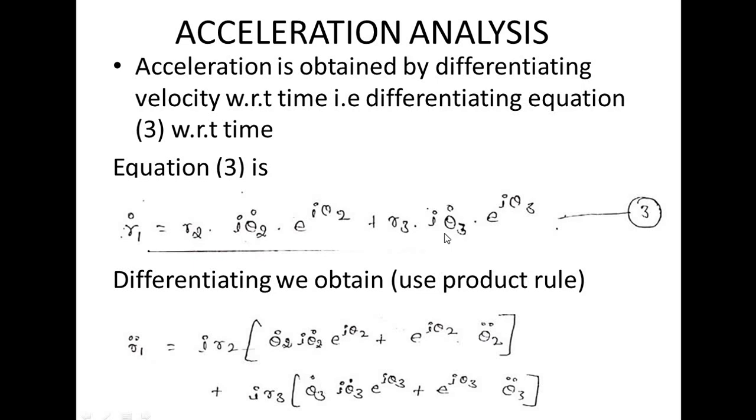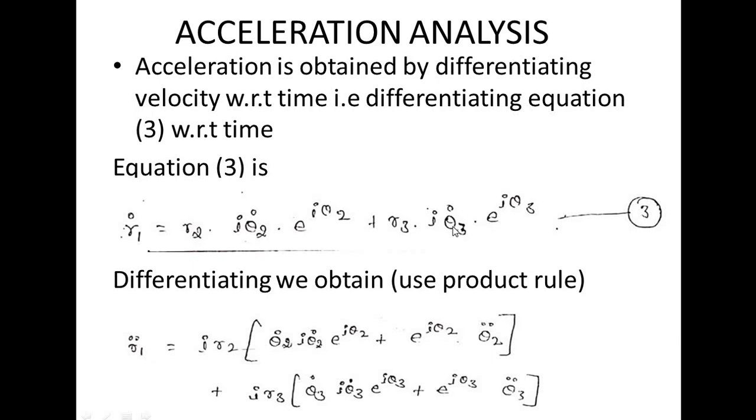Similarly here, i and R3 will be separated outside, because they are constant, and we differentiate theta 3 dot into e to the power of i theta 3. Again if we apply the product rule, differentiation of uv is equal to u dv plus v du.